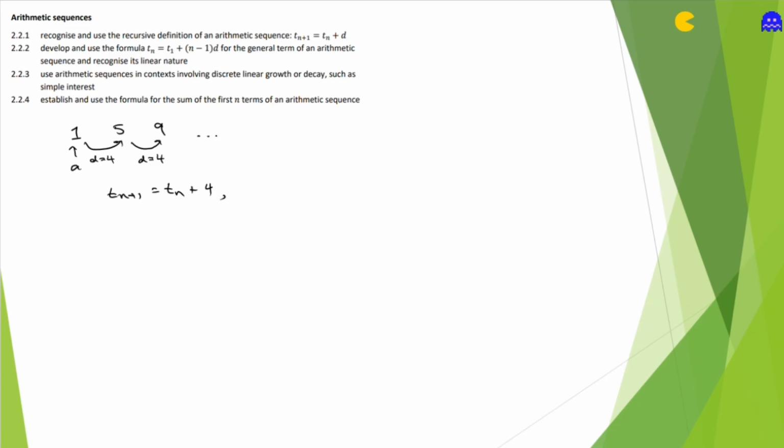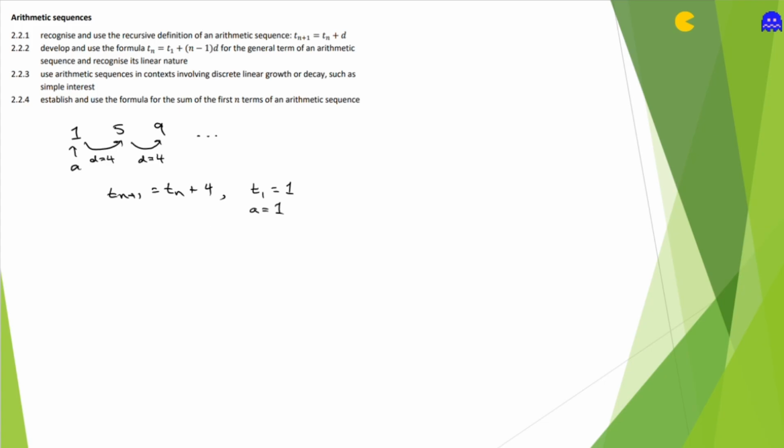And we should note as well that our initial term, t1, is equal to 1. We can also write that as a equals 1 if we want to. We could also write this as tn equals tn minus 1 plus 4 if we want to. The important thing is that this term is 1 less than this term in the sequence.